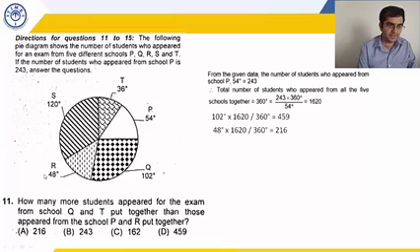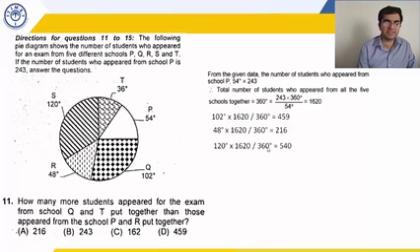Next, R. R is 48 degrees, which will be 48 into 1620 divided by 360. That is 216. Next, S, 120 degrees.